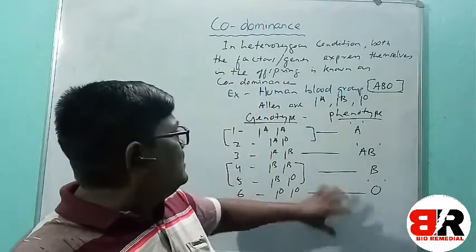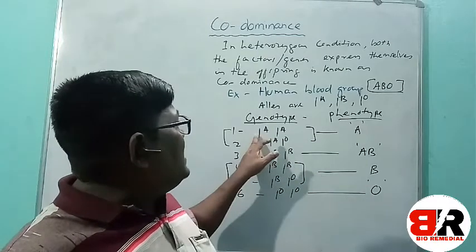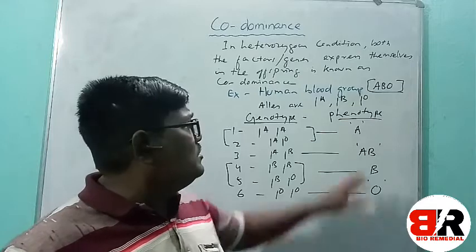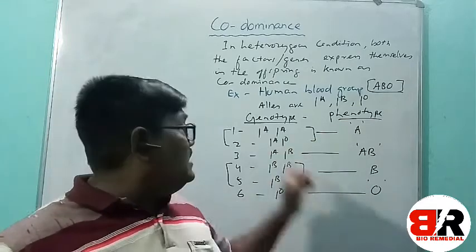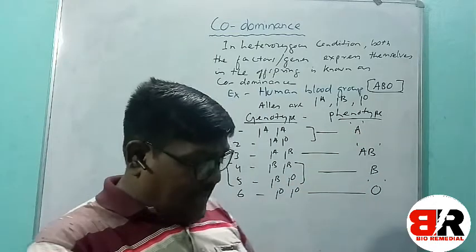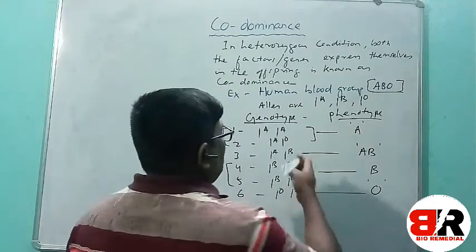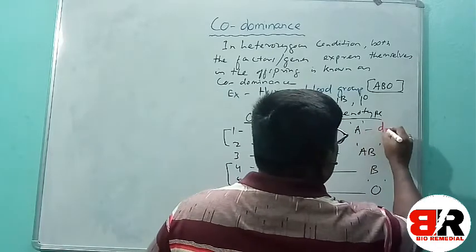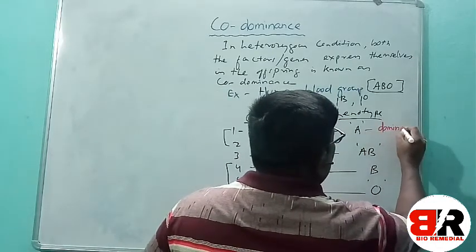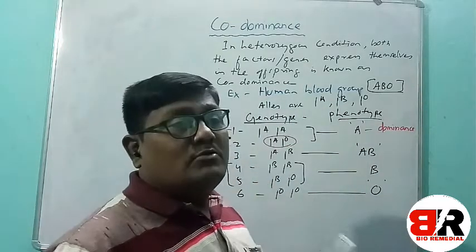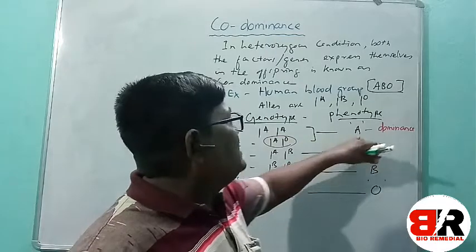Actually, in this you will find IA-IA is in the homozygous condition. But IA and IO is a heterozygous condition. The expression is A. That means this heterozygous condition giving us blood group A is the phenomenon of dominance, because IA-IO is a heterozygous condition and IA is expressed.